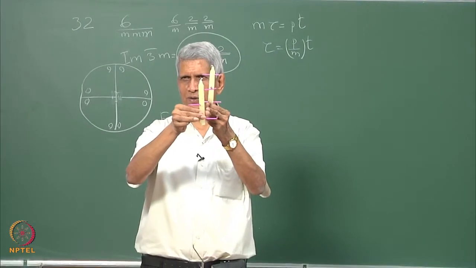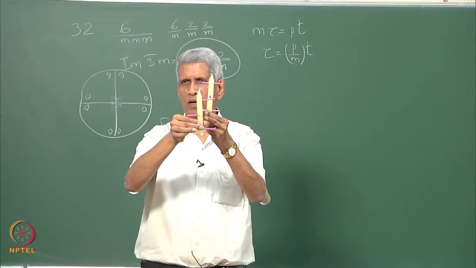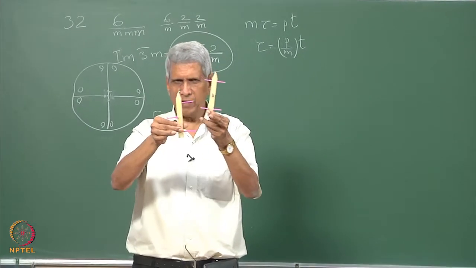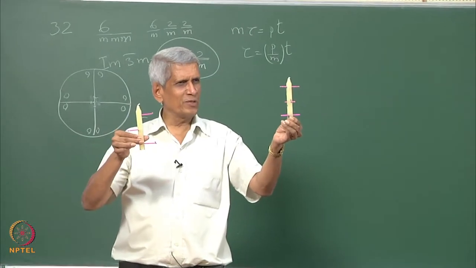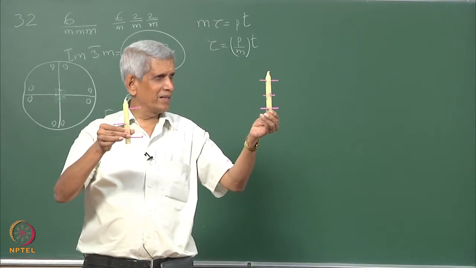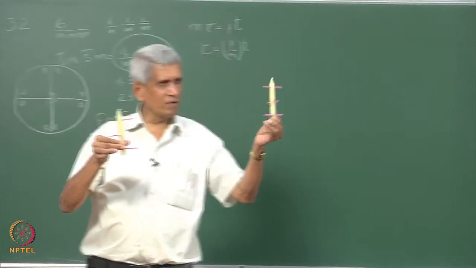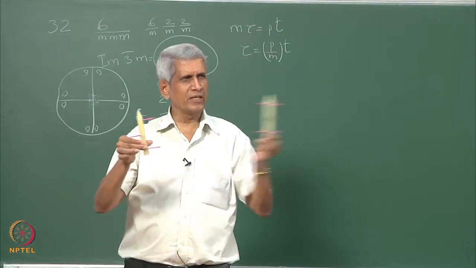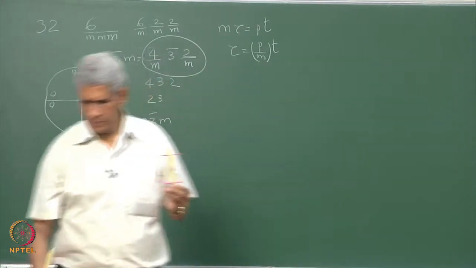This is a 2-1, the symbol which is used, that I will come to, and here the symbol which is used is 4-2, okay, because the rotation which is given is 90 degrees, here the rotation is 180 degrees. Okay.